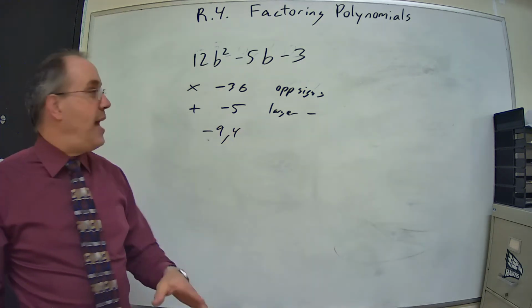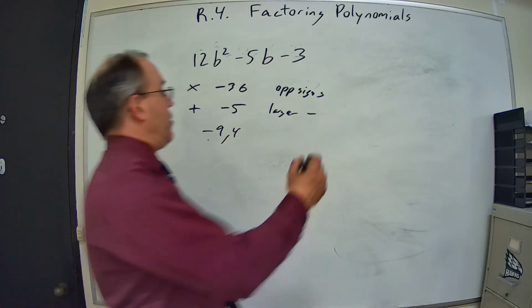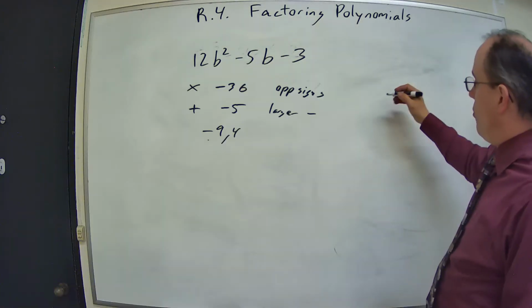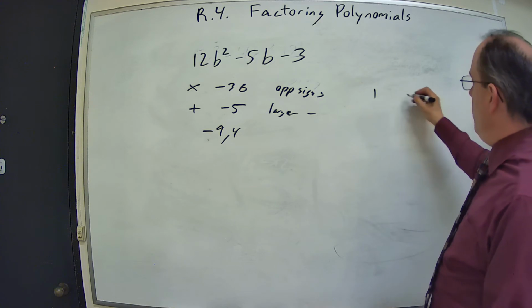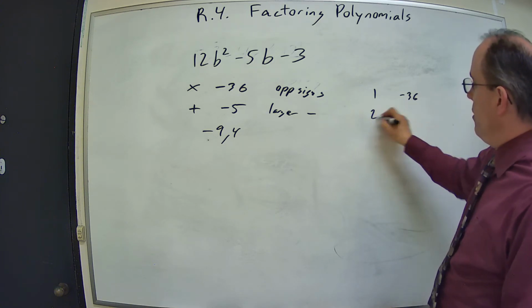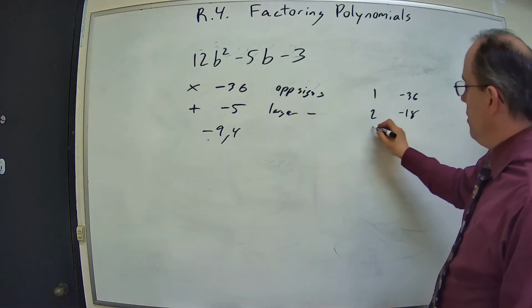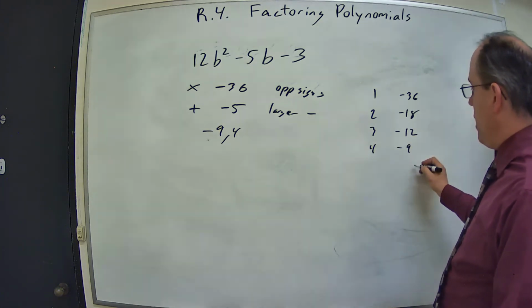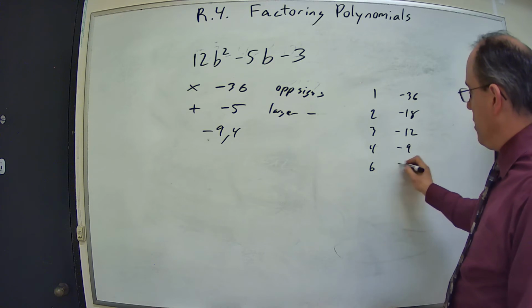But if you don't see that, then just come over and go, okay, we know the negative number's got to be larger, so the positive one's going to be smaller, so 1 and negative 36, 2 and negative 18, 3 and negative 12, 4 and negative 9, 6 and negative 6.